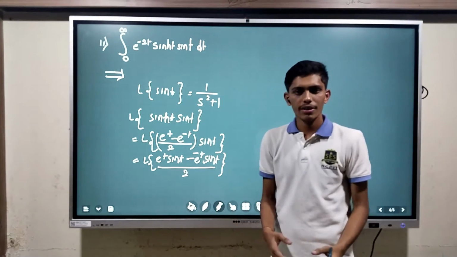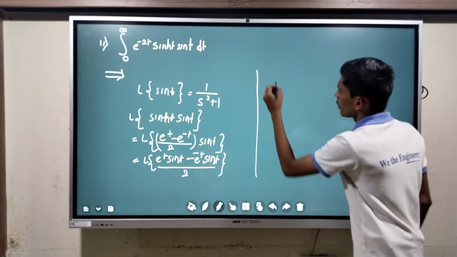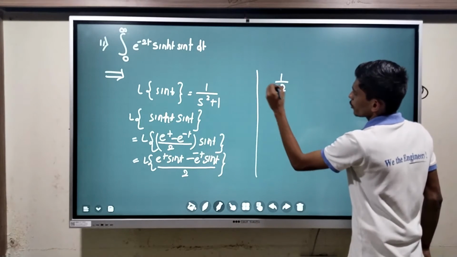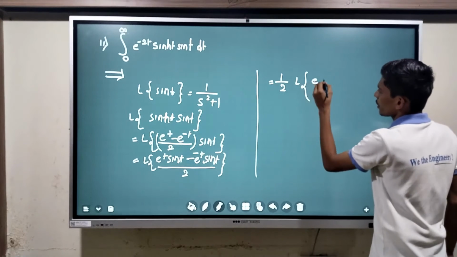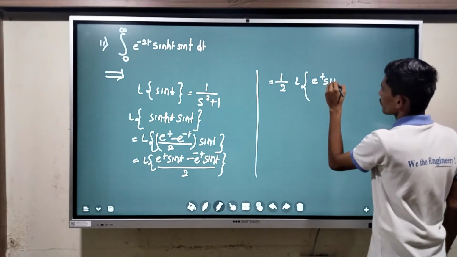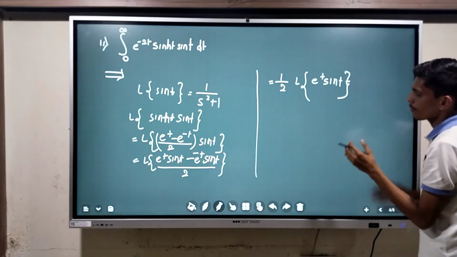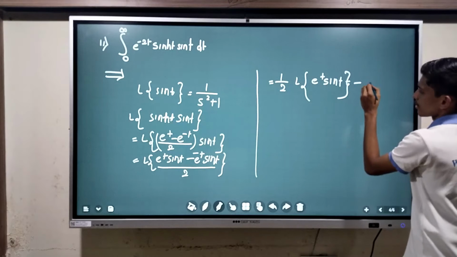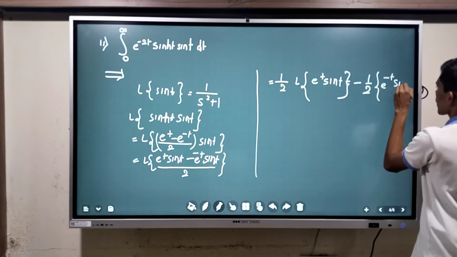By using the linearity property, we can solve it by taking 1 by 2 common from the Laplace. Then the equation becomes Laplace of e raised to t sine of t, taking the separate Laplace of this term, then it becomes 1 by 2 Laplace of e raised to minus t sine of t.